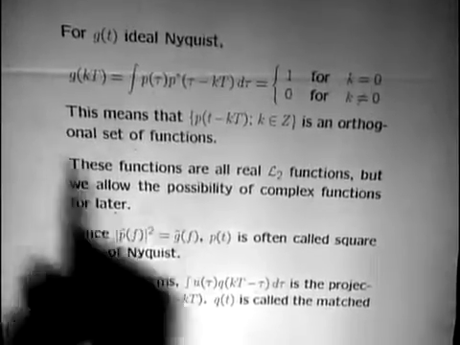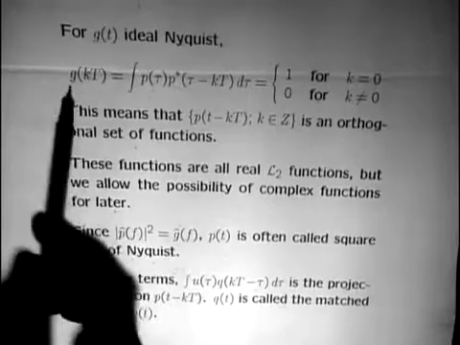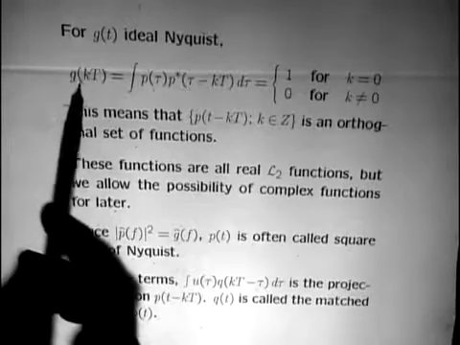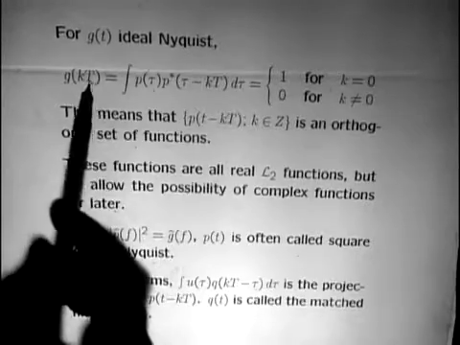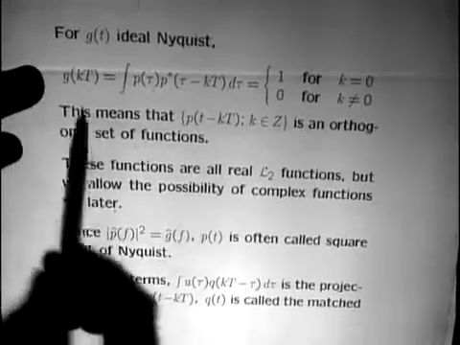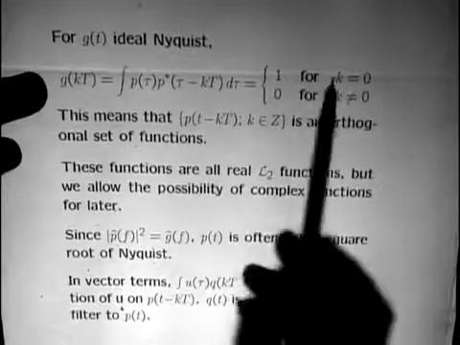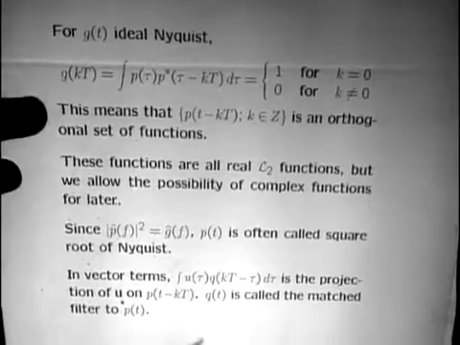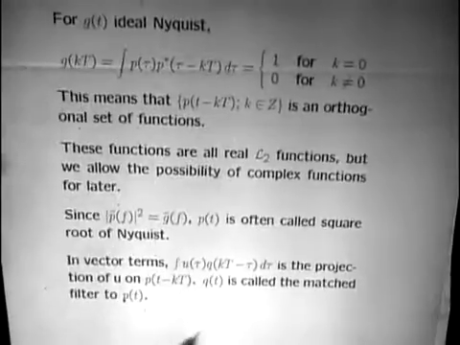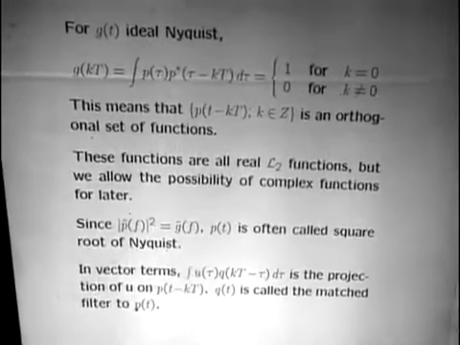Okay, so if g of t is ideal Nyquist, it means that the samples of g of t at times k times this signaling interval t have to have the property that these samples are equal to 1 for k equals 0 and 0 for k unequal to 0. What does that mean? You look at this.